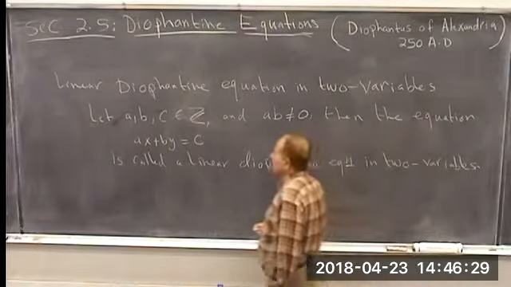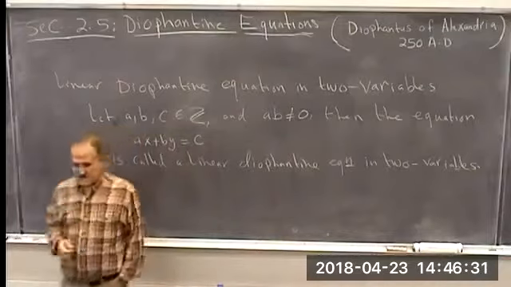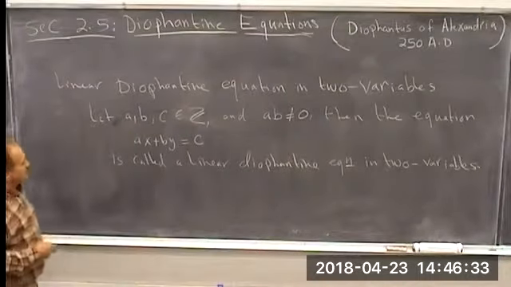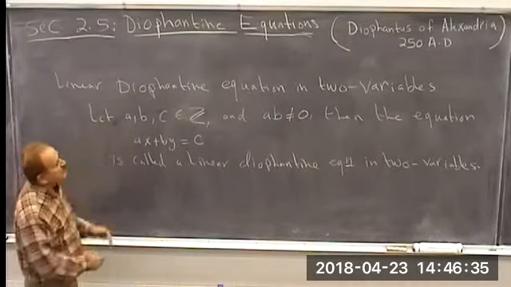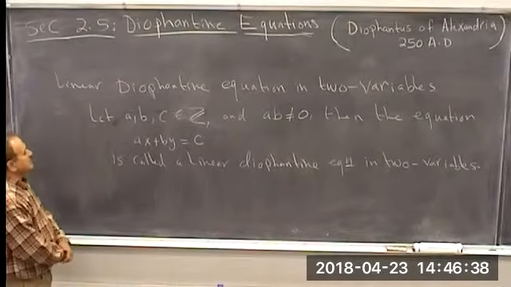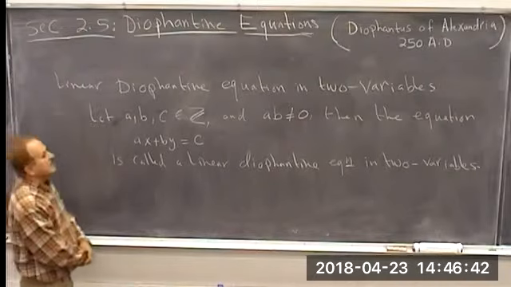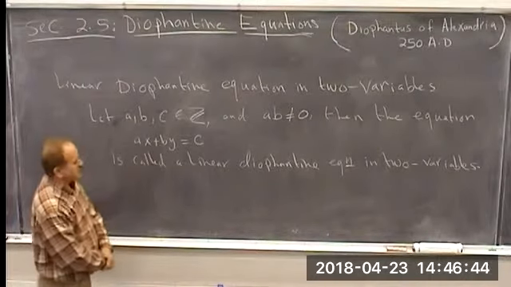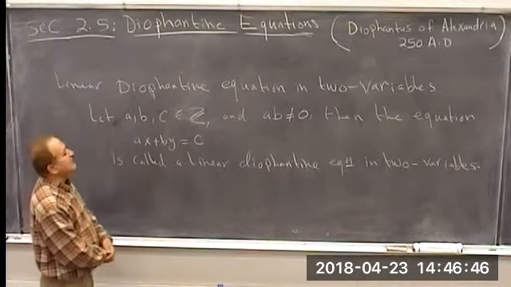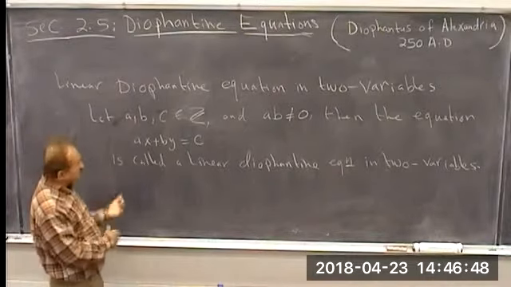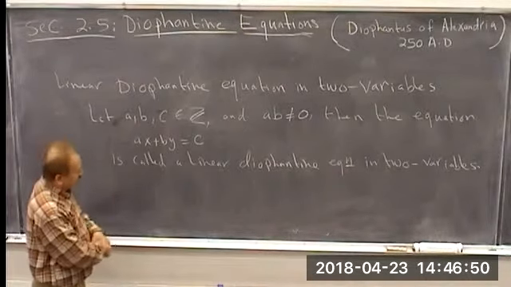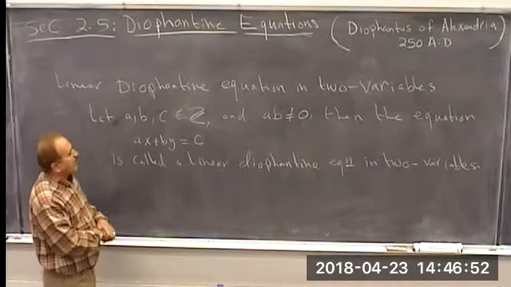Once again, we would love to have a necessary and sufficient condition for their solvability, remembering that we are interested in solutions that are integers, meaning the x and the y are integers, and they satisfy this equation. And we would like to find all of those, not just one solution if there are more than one.